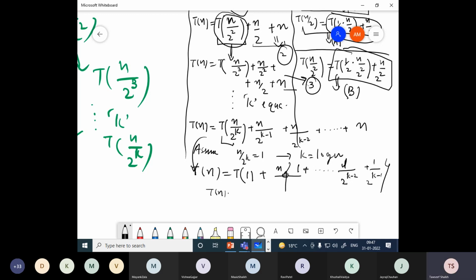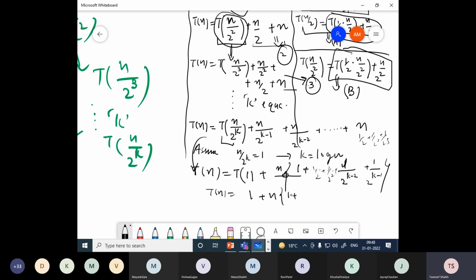So T of n will be equal to T of 1, we know that's equal to 1, plus n times this sum, which is 1 plus 1 by 2 plus 1 by 2 square plus 1 by 2 cube. Because if we write the terms after 1, it will be 1 by 2 plus 1 by 2 square, and this way it keeps on adding.